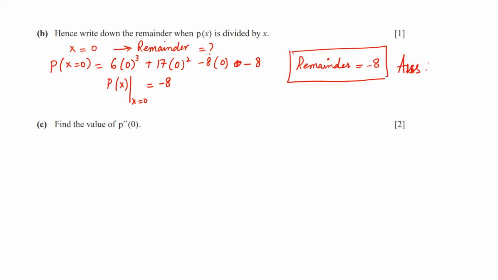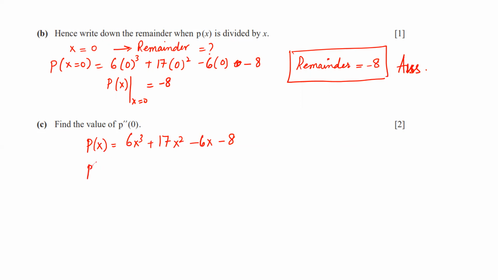Okay. Then it says find the value of p double dash. So remember, p of x is equal to 6x cube plus 17x square minus 8x plus 8.